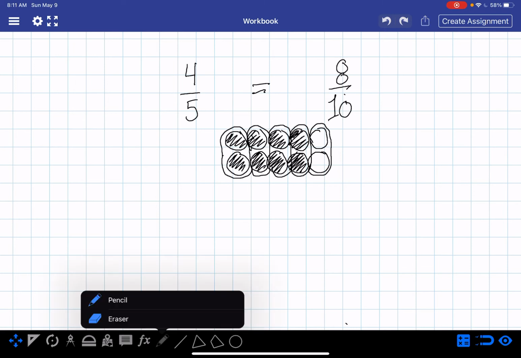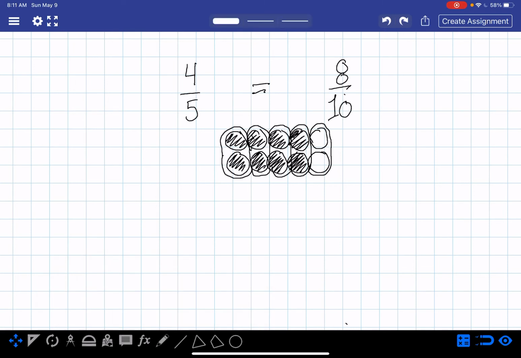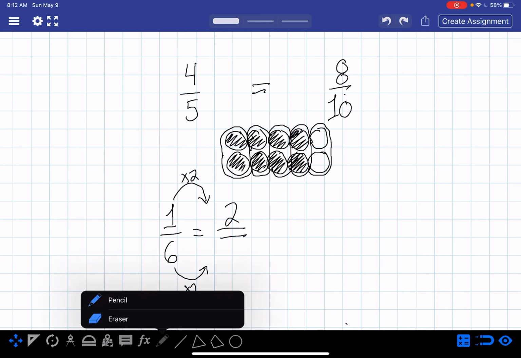Now, the last thing to consider is what I said at the start, that fractions can be renamed in an infinite number of ways. So if I take the fraction 1/6, right, and I want to come up with an equivalent fraction, I say, okay, give me an equivalent fraction of 1/6. All I'm going to do is multiply the top and the bottom by the same number. And you can multiply it by any number. So, 1 times 2, and then, oops, no video's ever perfect.